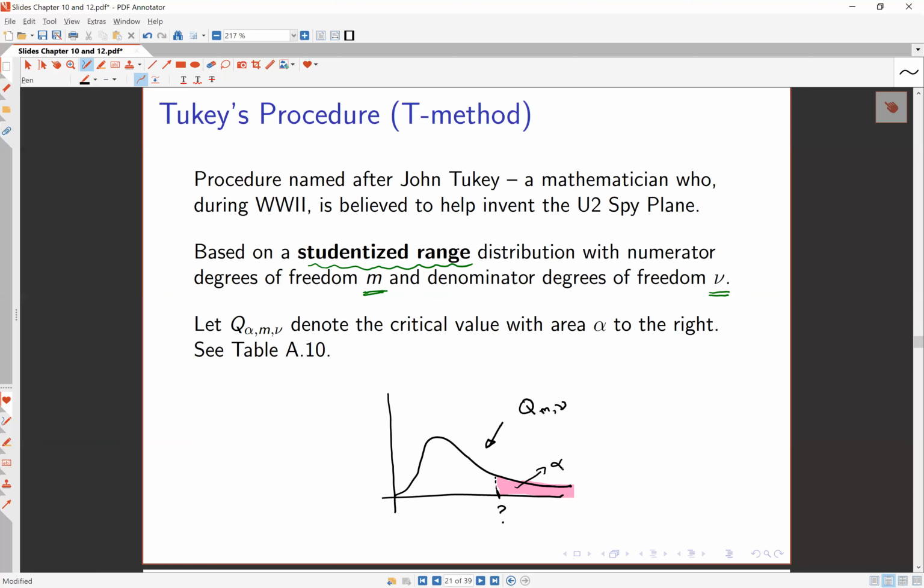So it's consistent with notation we've used throughout. The alpha in the subscript tells us what the area to the right is.